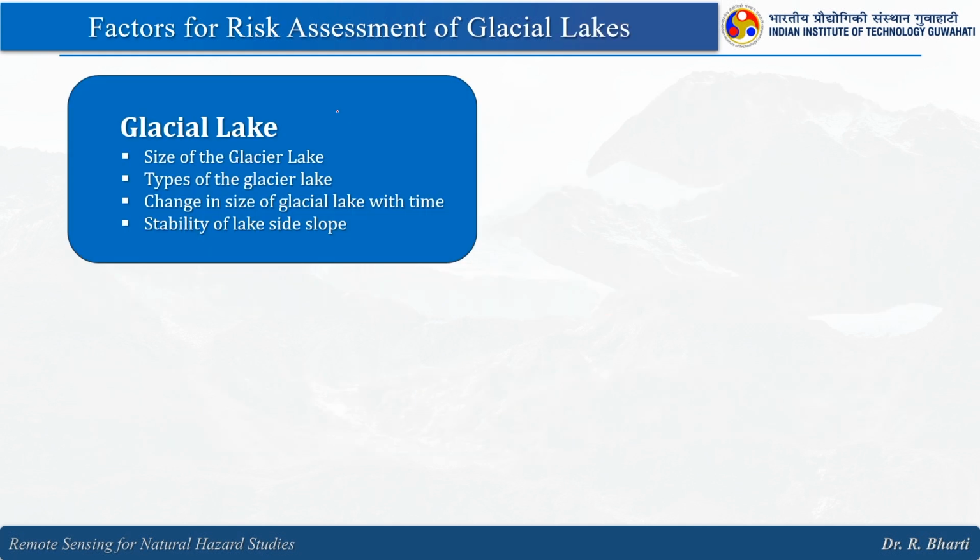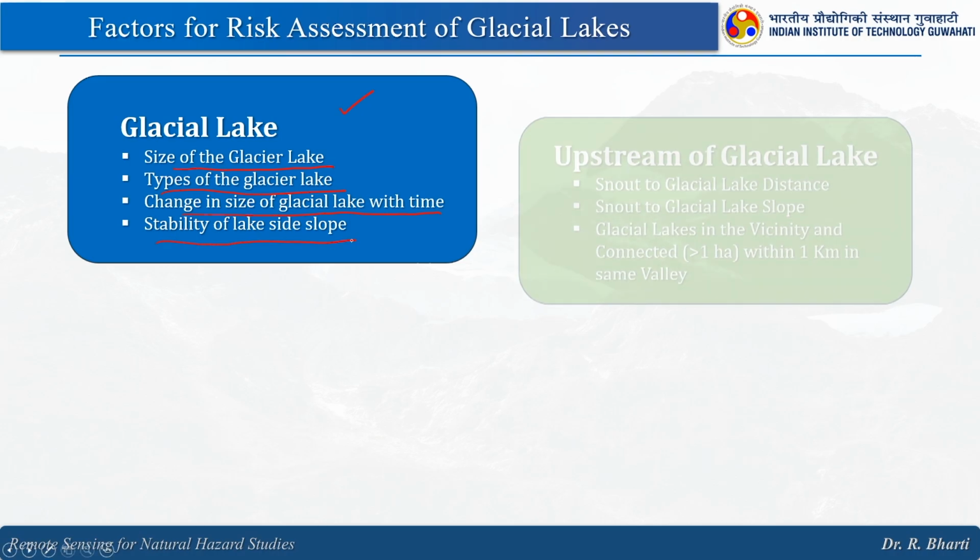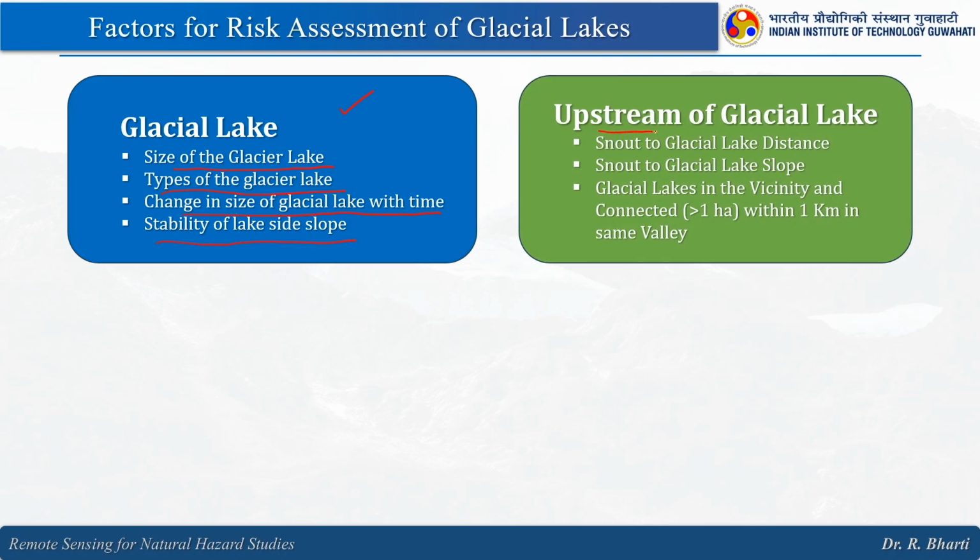So, the factors which are associated with the risk assessment of glacial lakes. Here we have the size of the glacial lake, the type of the glacial lake, change in size of the lake with time, and stability of the lake side slope. Then comes the upstream of the glacial lake. What is the condition of the glaciers?